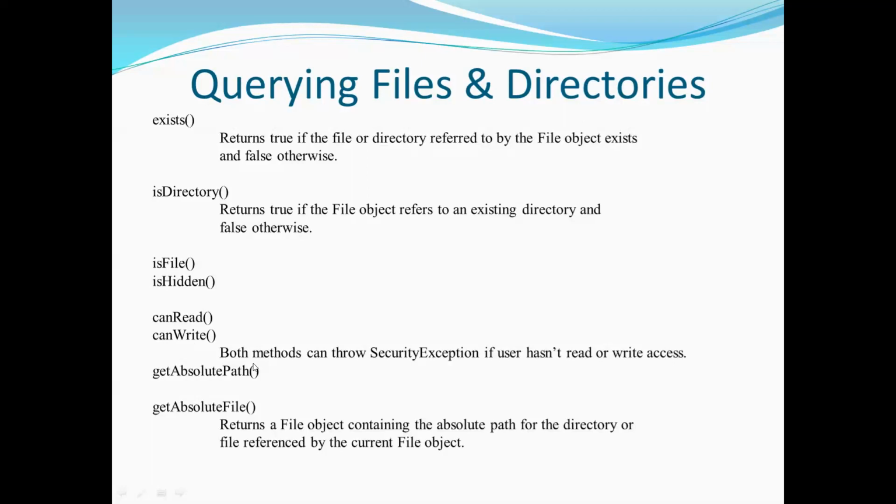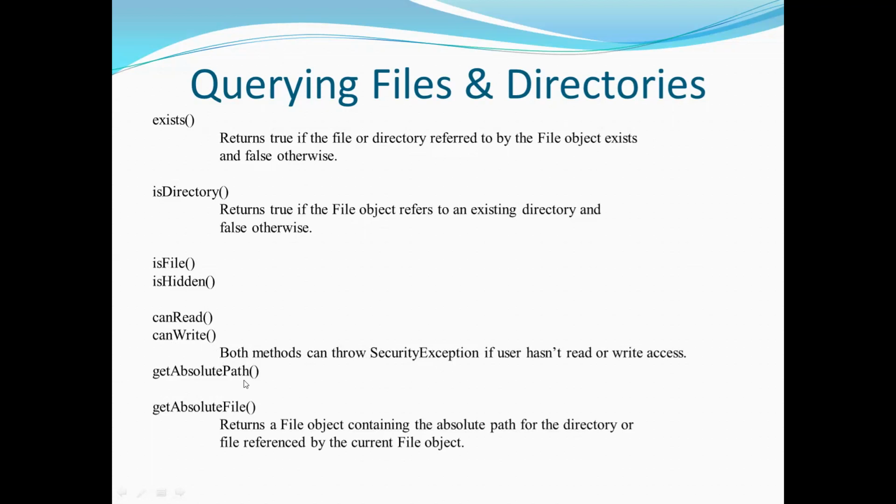Suppose the user who is accessing and trying to do this hasn't read or write access: both methods, canRead and canWrite, can throw a security exception. When we create users, we provide some accessibility, that you can read the file, you can write the file. In that case, you can get an exception of security type. So these types of queries we can ask from our file also.